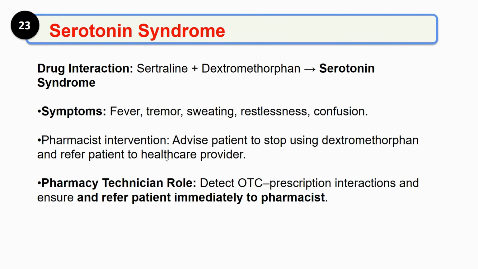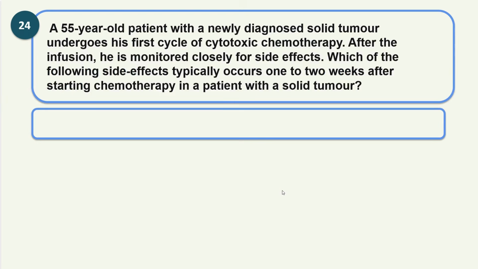Serotonin syndrome is a type of drug-drug interaction which enhances the serotonin level in the synapse and can result in excessive serotonin activity, causing symptoms such as fever, tremors, sweating, and also CNS confusion. Therefore, pharmacists should advise the patient to stop taking dextromethorphan and refer the patient to a healthcare provider. If a pharmacy technician detects a prescription interaction, the technician should refer the patient immediately to the pharmacist.